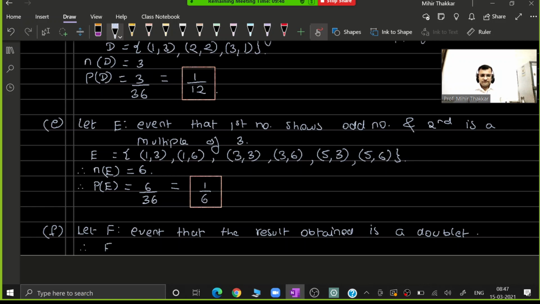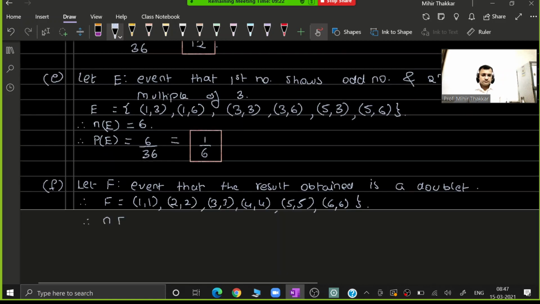So in that case F will have the outcomes 1 1, 2 2, 3 3, 4 4, 5 5 and 6 6. Therefore n(F) is 6 and hence P(F) is 1 by 6.